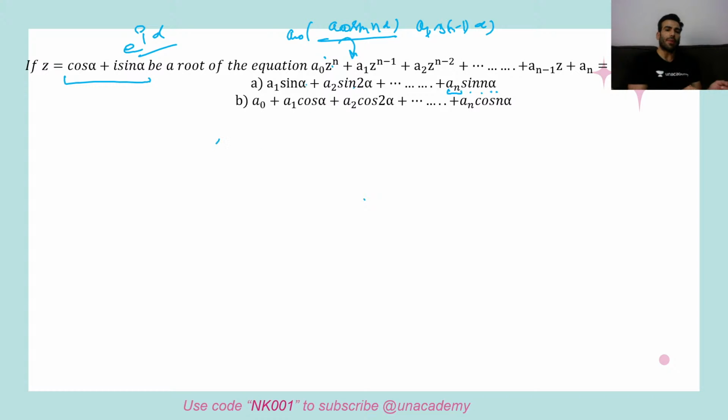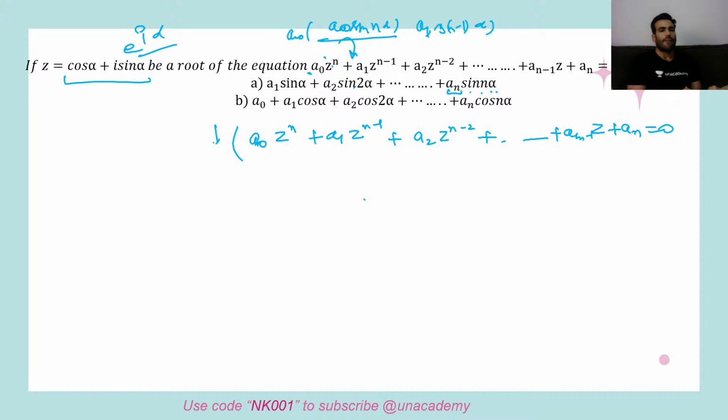Why not I multiply the entire polynomial with 1 upon z^n?